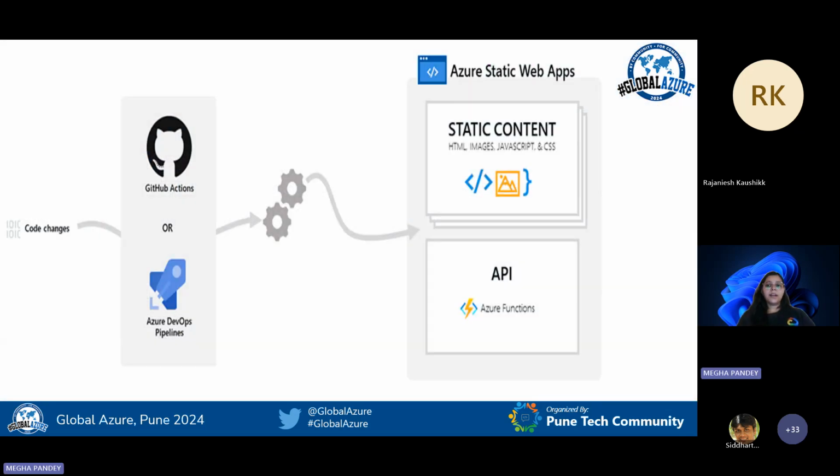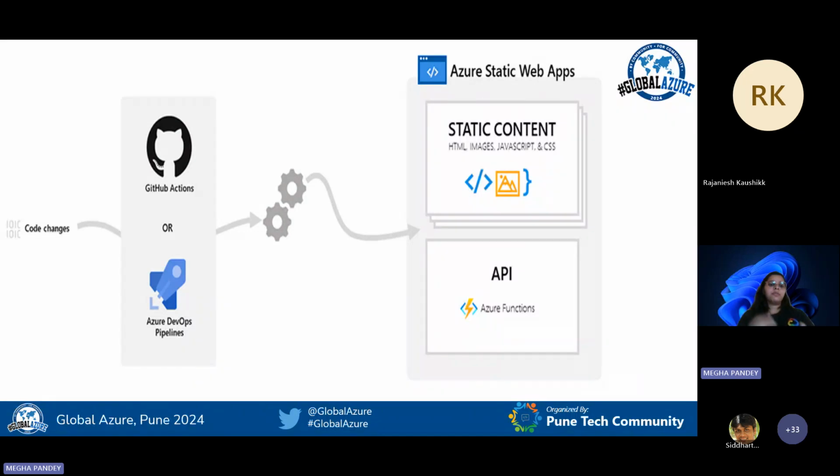Now we are going to learn about Azure Static Web Apps with two basic things. The first is GitHub Actions, and the second is the Azure DevOps pipeline. Azure DevOps pipelines are not so usable these days because they require authentication.